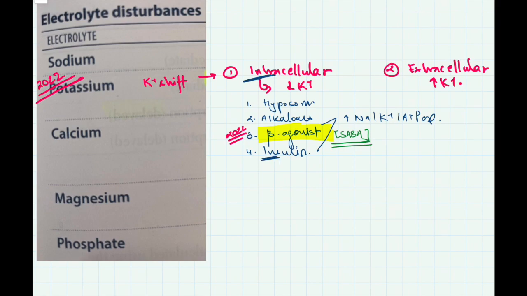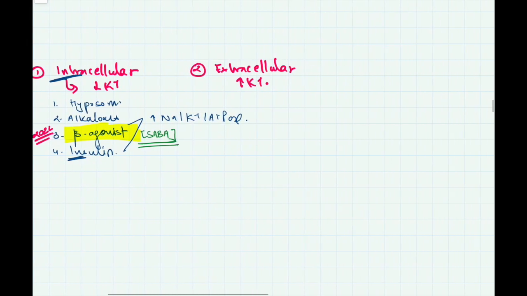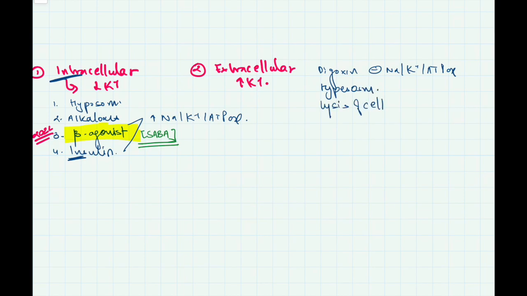Then extracellular potassium shift or hyperkalemia can be caused by digoxin. Why? Because it blocks the sodium potassium ATPase channel. Hyperosmolarity, right, or lysis of a cell. For example, in rhabdomyolysis or tumor lysis syndrome.